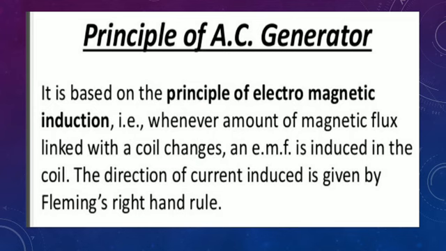So magnetic flux changes produce the induced EMF in the coil, right? And the direction of current induced is given by Fleming's right hand rule.